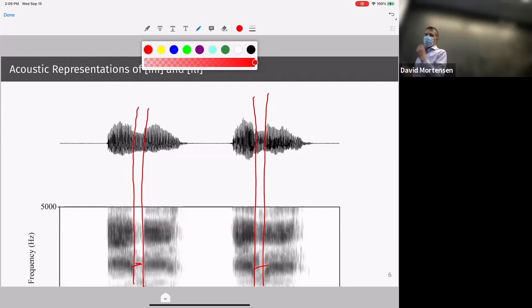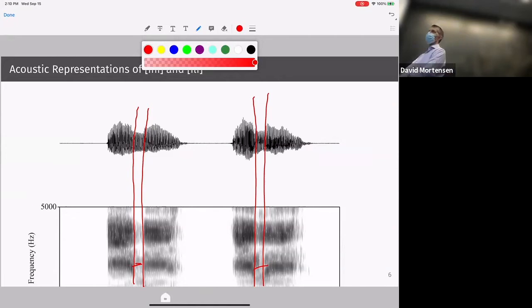What about an L? Yeah. You open up two sides of your tongue. Uh-huh. Right. Well, some people open up both sides and some people open up one side.